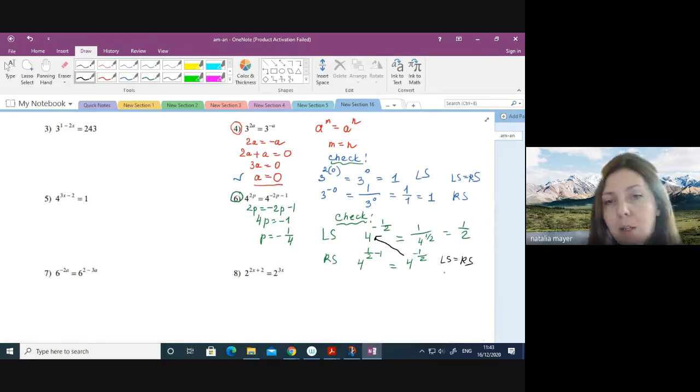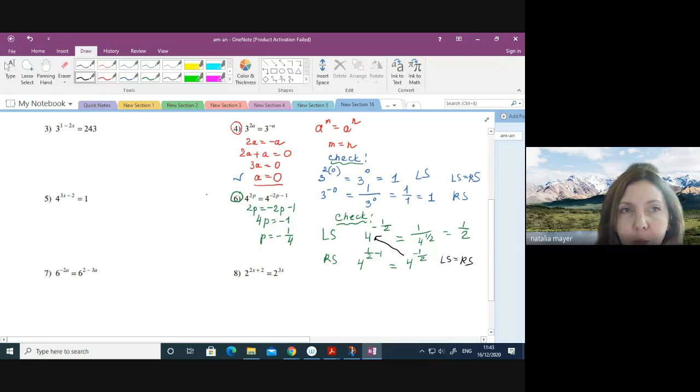All right, so that's the basic idea. Now, most of the time, the equation will not be as simple as that. Which means that the left side and the right side will need some kind of rearrangement in order to reach the situation where the left side base is the same as the right side base. For example, in question 5, we have 4 on one side and 1 on the other side.